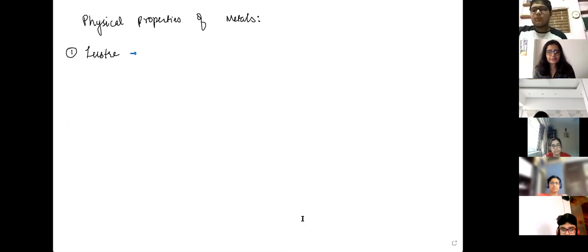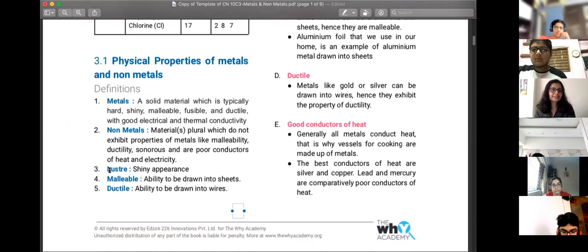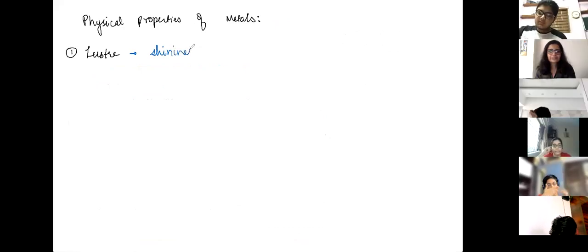No, luster. Ma'am, it's a shiny appearance. Shiny appearance. Yes, the shininess. So note it down, write it down. One moment, I'll just finish this. Luster is the shininess.